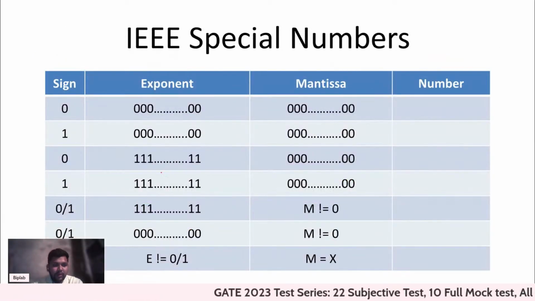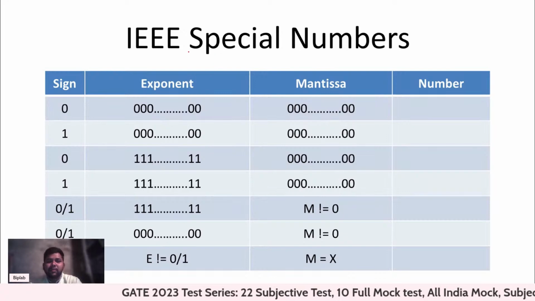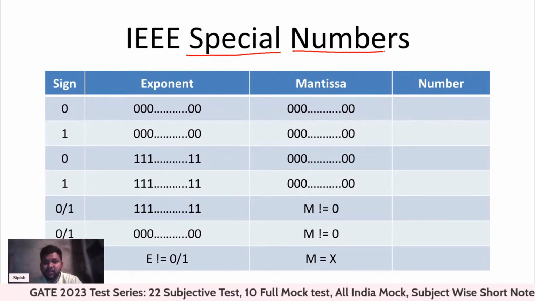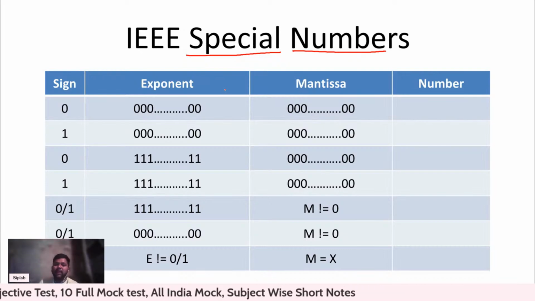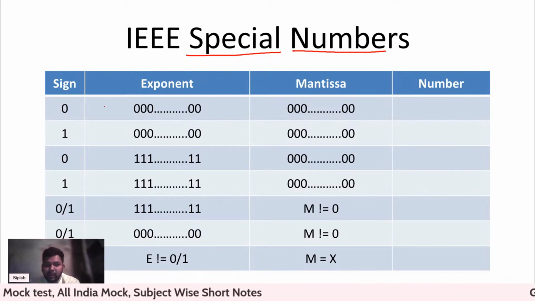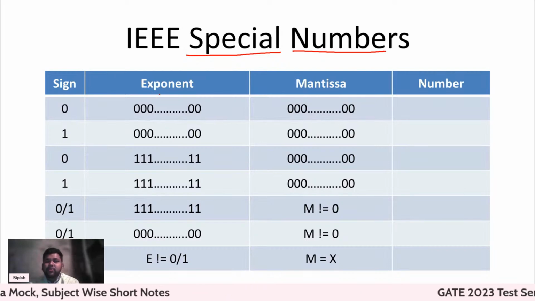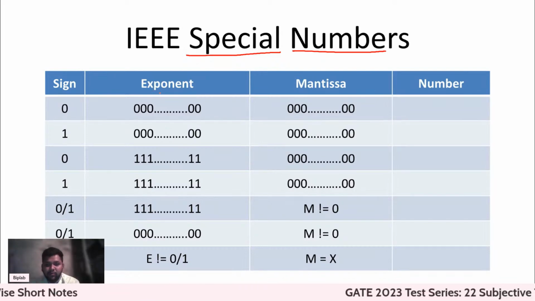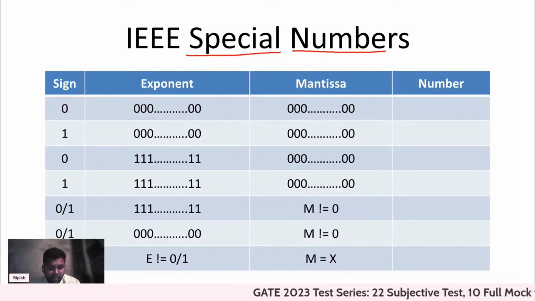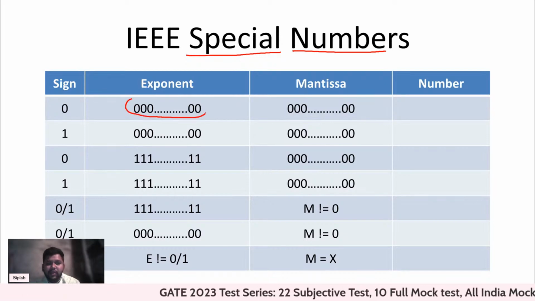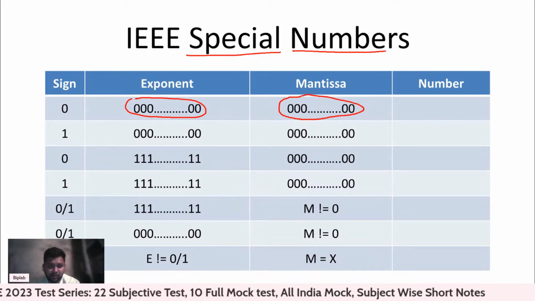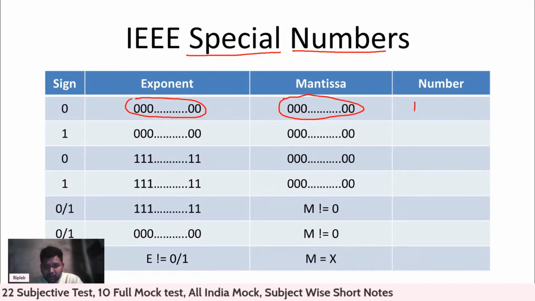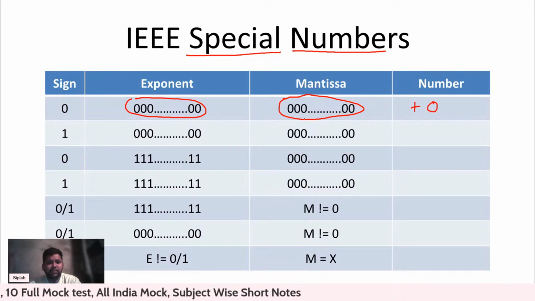In IEEE there is something called special numbers. These are numbers which are specially defined and cannot be directly converted to decimal. You have to consider those as special numbers. When exponent has all zeros and mantissa has all zeros, and the sign is 0, we call this plus 0.